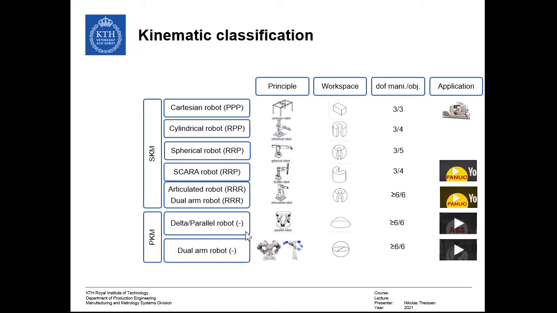And here it isn't possible to give a simple letter abbreviation because those 3-letter abbreviations, as we said before, you read them from the left to the right, and you read them correspondingly from the base to the mechanical interface of the manipulator.